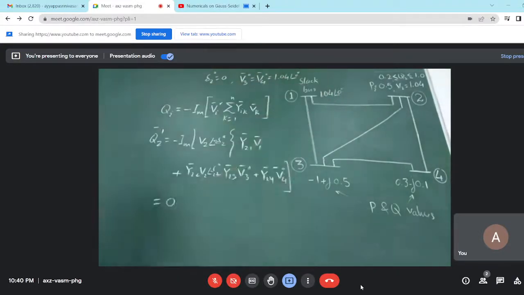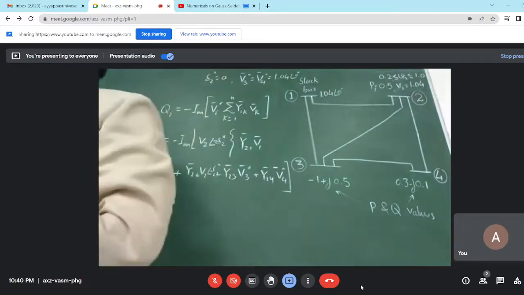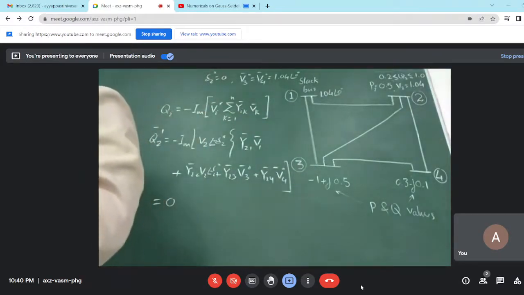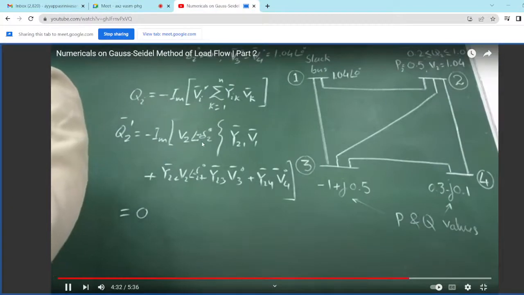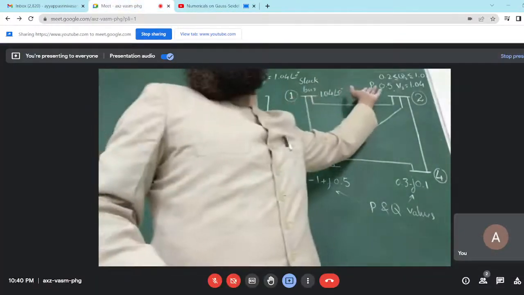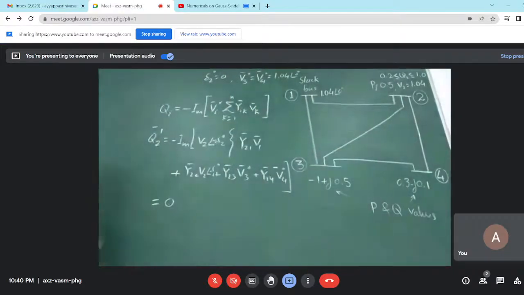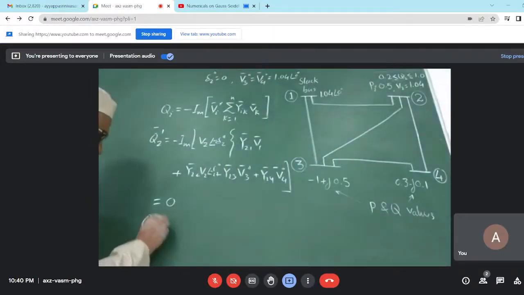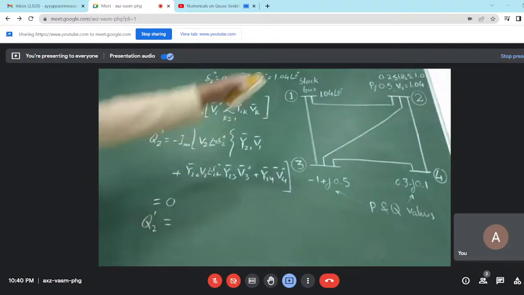So what will be the punishment for this bus? It has lost its identity now. The bus voltage specification has been dropped because of this problem. So which bus will it be? PQ bus. P will be as it is, and you will write Q2 in this iteration, Q2 1, as the limiting value, 0.2 per unit.